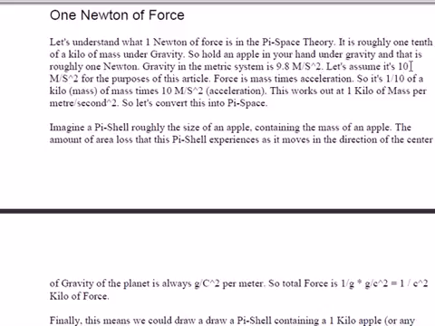So it's 1/10 of a kilo of mass held in one's hand under a gravity field of 10 meters per second squared. We're just rounding it up for simplicity, to give the idea of what 1 Newton is.